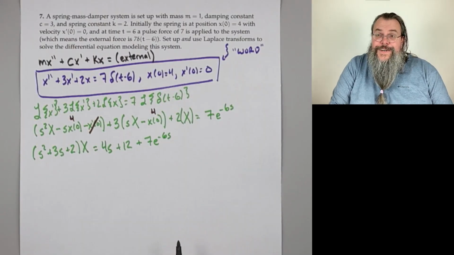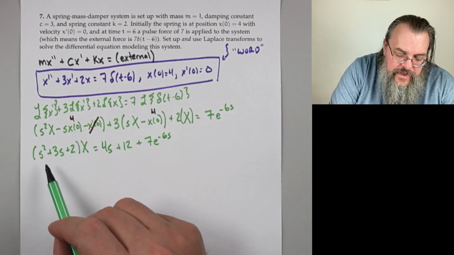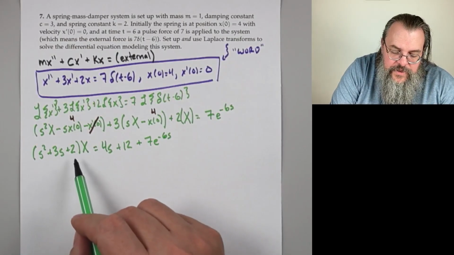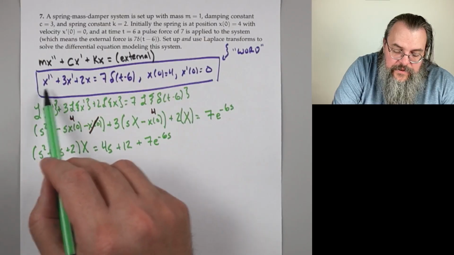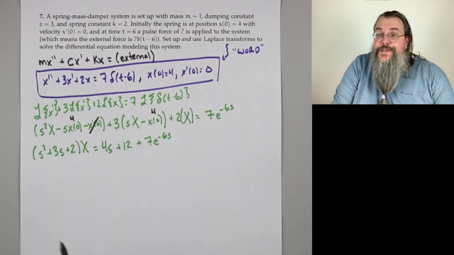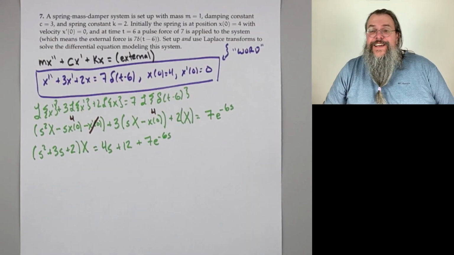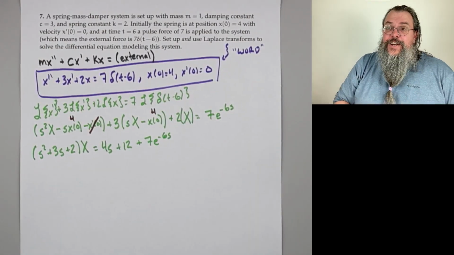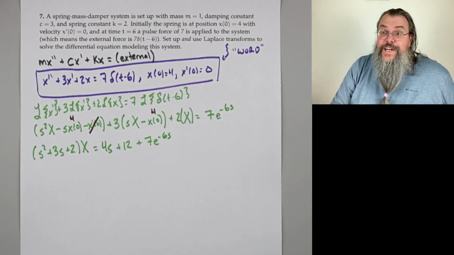All right, good. So you might notice s squared, 3s, 2, these coefficients 1, 3, 2 look a lot like these coefficients 1, 3, 2. Coincidence? No, it's not a coincidence at all. It's an anti-coincidence. I don't know what you call an anti-coincidence, but that's what it is.